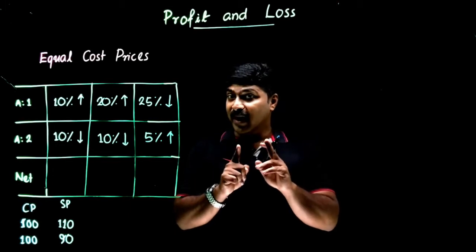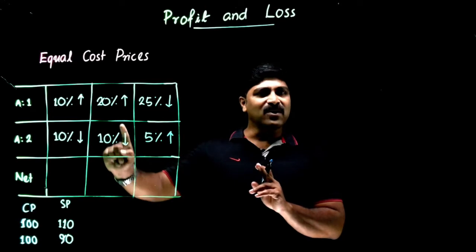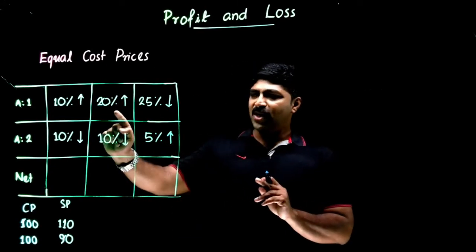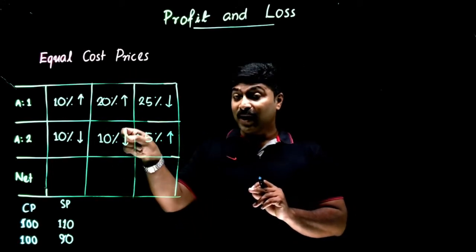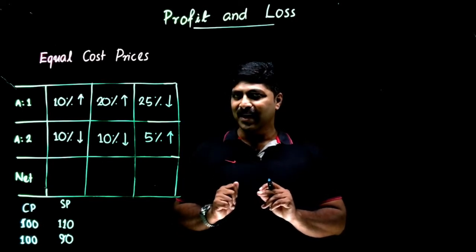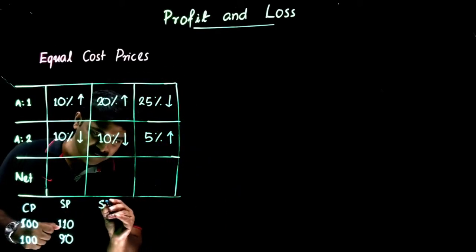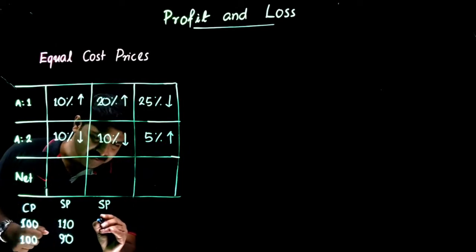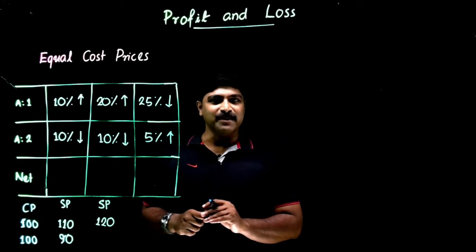In a similar way, can you find what will be the net effect in such a kind of transaction? Don't forget, both the cost prices are equal. The first article made a profit of 20% and the second incurred a loss of 10%. What will be the net effect? How can we conclude it? So here, the selling price of the first article is 120, because that made a profit of 20%.